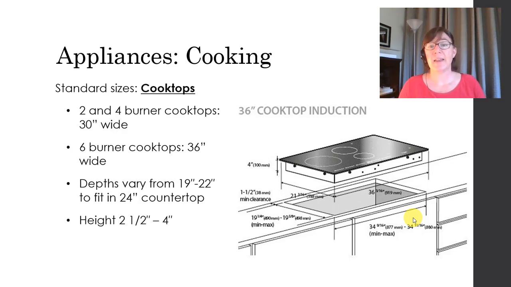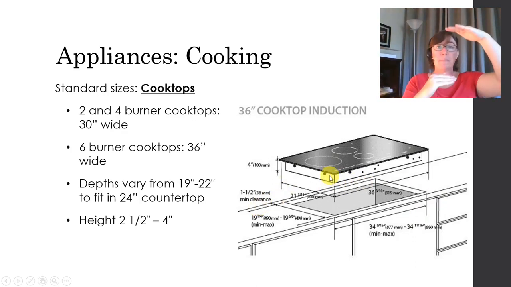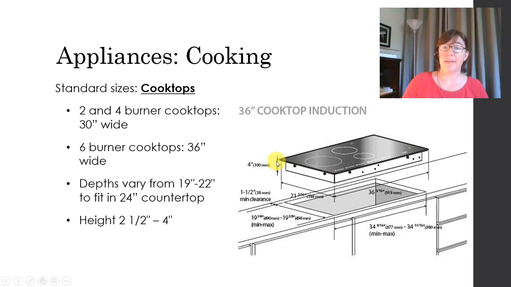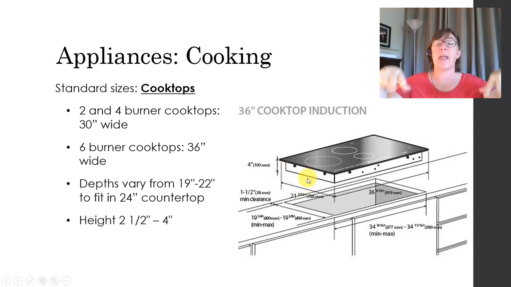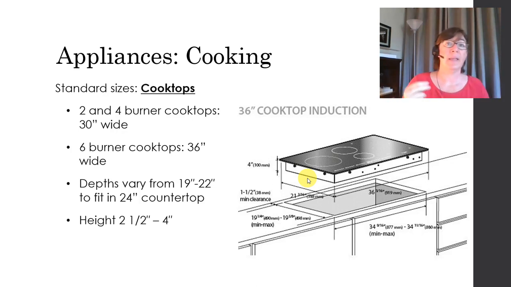And finally, the height of your item, and that's going to be not the height above the countertop, but just the depth of the whole thing, all right, is in the 2.5 to 4-inch range. Okay, so you can see that that cooktop is going to extend into the cabinet below. And you really have to watch out for that when you're planning what you're going to put in that cabinet below.